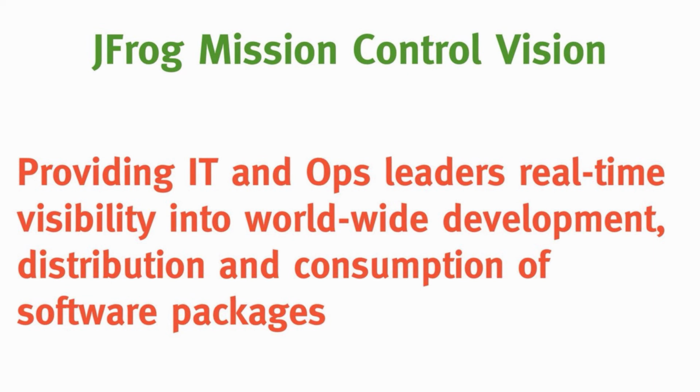But the IT and ops leaders at the moment have to rely on stuff like burn down charts, which are very important, but they are by definition user driven or human inputted, right?